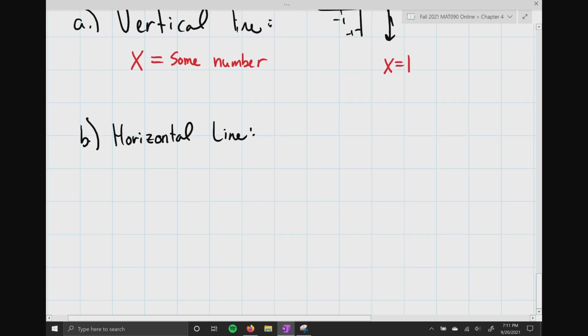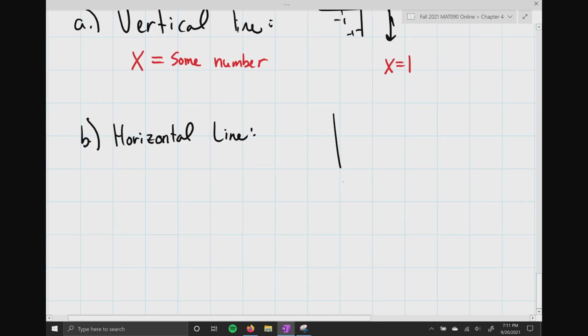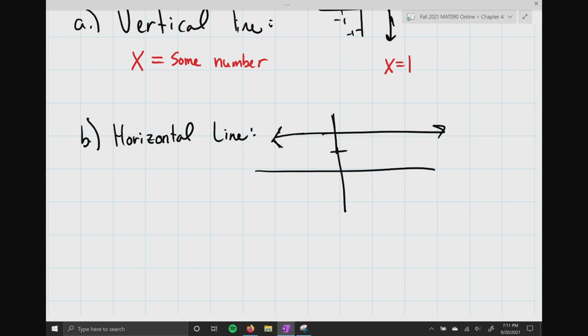So if you think about this, the opposite of a vertical line is going to be a horizontal line. And if you're thinking about this correctly, the opposite of x equals some number is going to be y equals some number. And that is the equation for all horizontal lines.